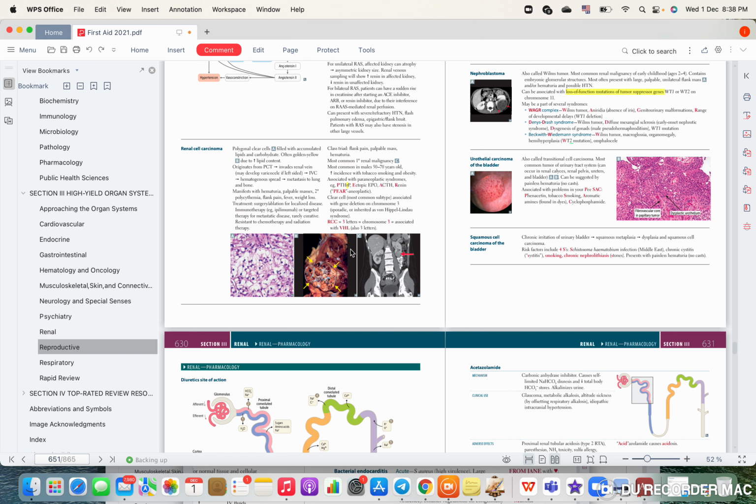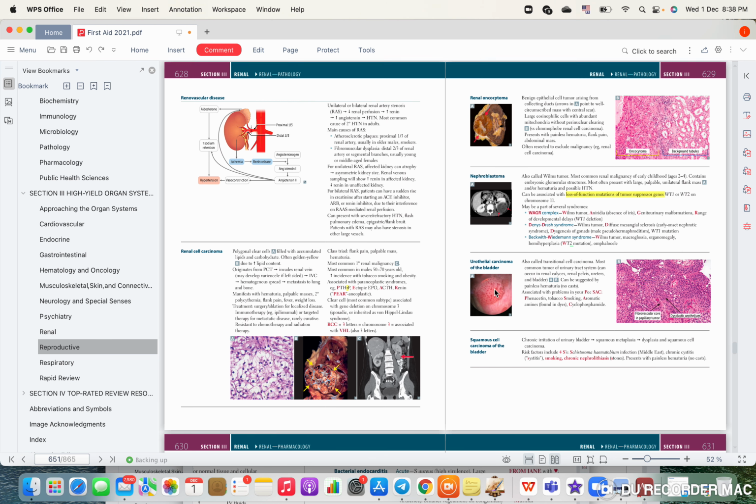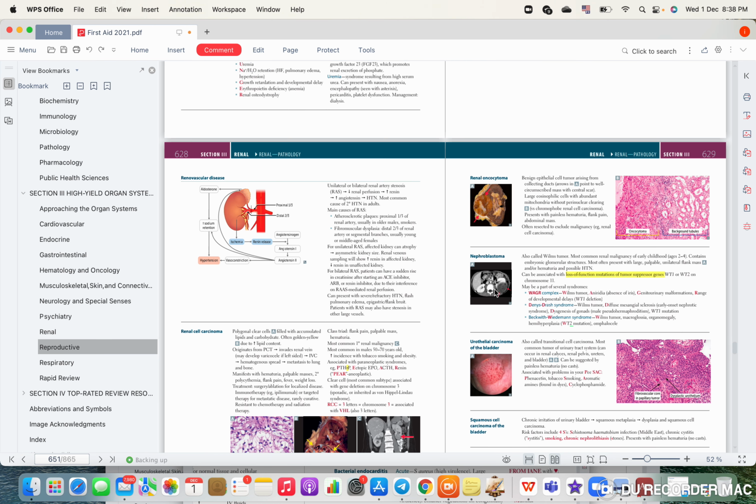Okay, so what color will renal cell carcinoma have grossly? It's yellow. Exactly, because it contains a lot of cholesterol.